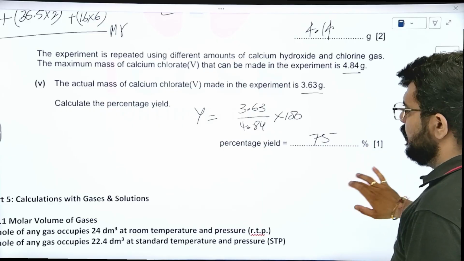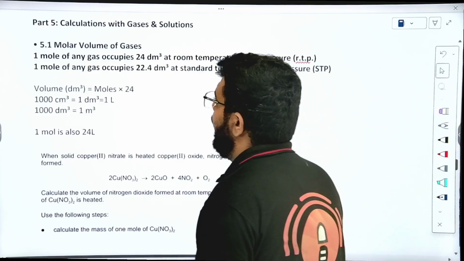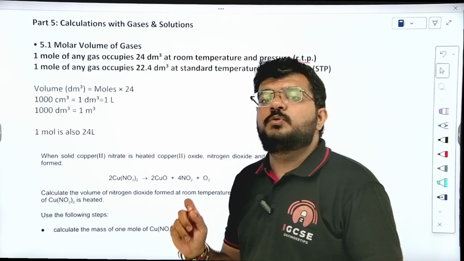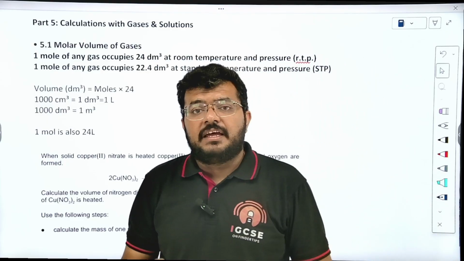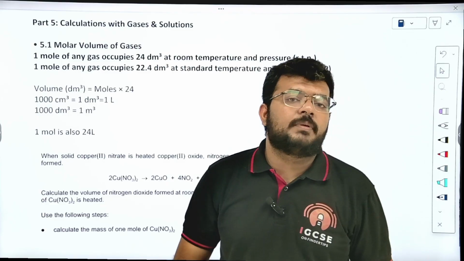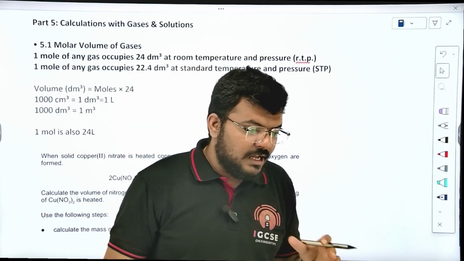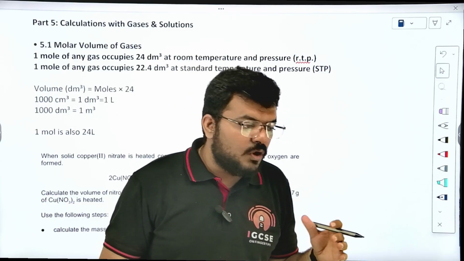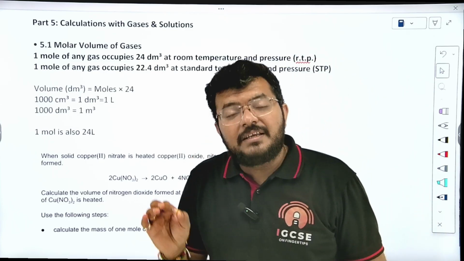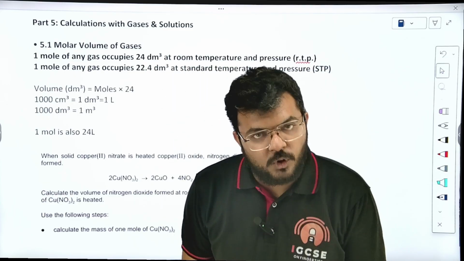Now we are going to discuss calculations with gases and solutions. Now, of course, gases are important because gases have a molar mass. Each gas that is at room temperature and pressure, room temperature is 25 degrees Celsius, pressure is 101 kilopascal. At this situation, every gas, does not matter if it's carbon dioxide, nitrogen, oxygen, fluorine, if I have 1 mole of gas, that gas occupies exactly 24 dm cube of volume, right?